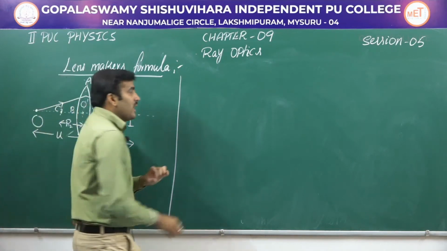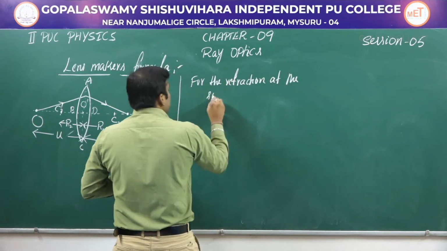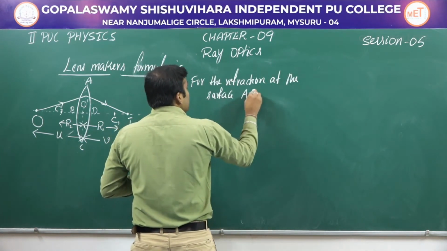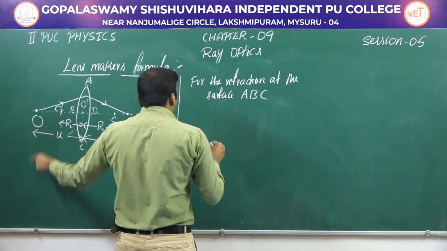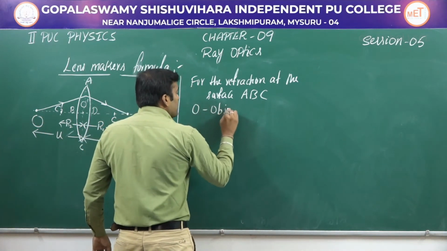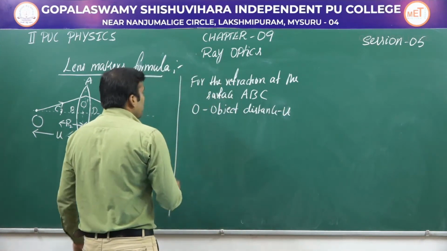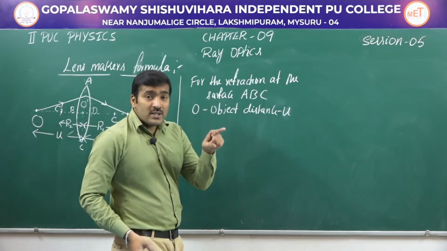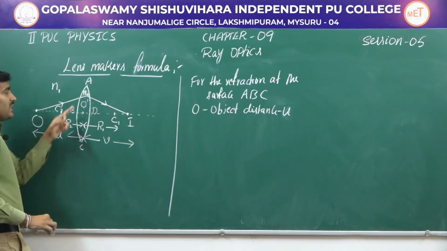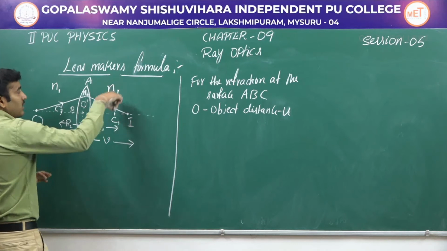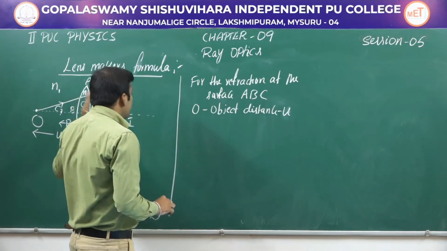So for the first surface, let me write, for the refraction at the surface ABC, this object O acts as object, therefore O is an object at a distance of U, okay, and this object is in a first medium. Say this is a first medium of refractive index N1. Inside the lens, the refractive index is N2 and again this is N1. Now for this surface ABC, let me draw the surface ABC.